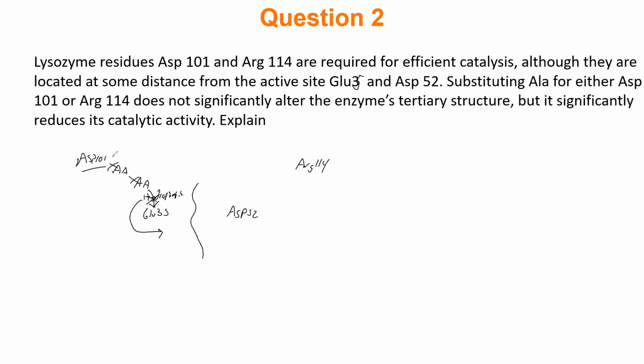Or Asp 101, Arginine 114 could be interacting with amino acids that are interacting with the peptidoglycan itself. And if you break that interaction, you're affecting every interaction down the line. Now maybe you don't bind your substrate as tightly.